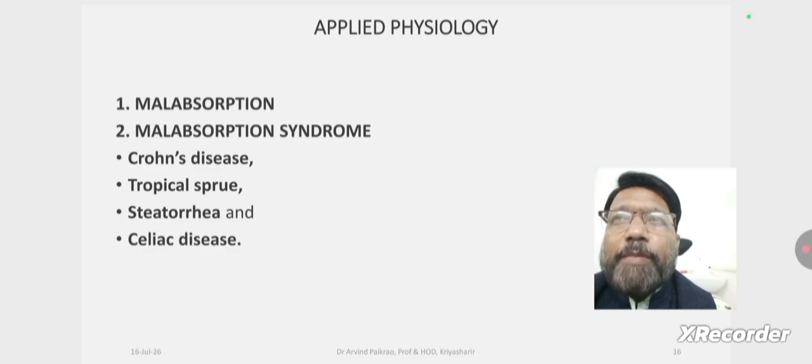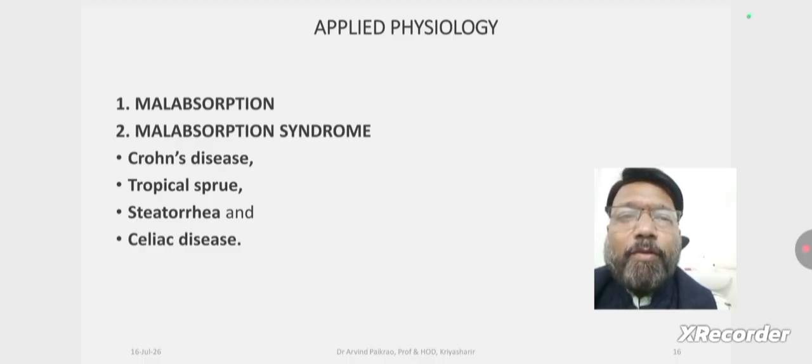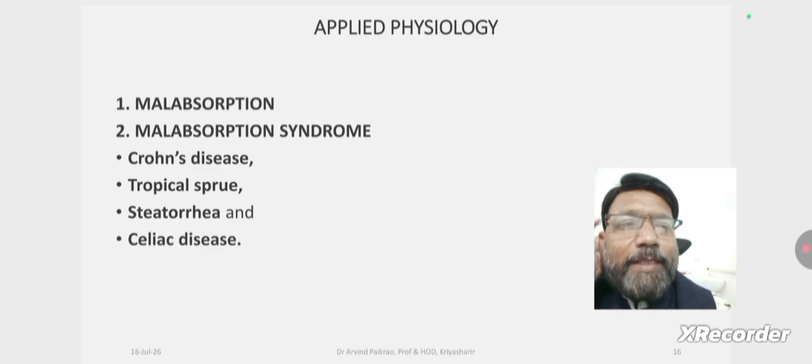Tropical sprue is somewhat of an inflammatory condition of the intestine. Because of inflammation, there is a hampering of absorption. Then next is steatorrhea. In steatorrhea, certain enzymes do not appear because of hampered secretion of lipase.